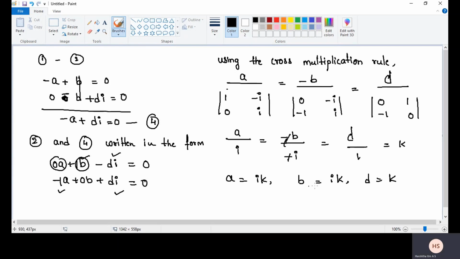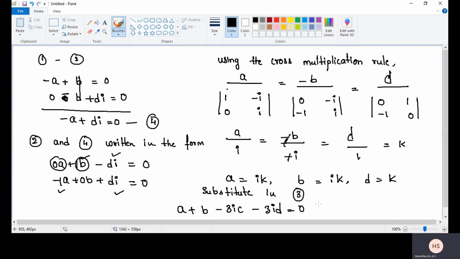After finding a, b, d, we have to substitute in equation 3. What is our equation 3 here? a plus b minus 3ic minus 3id is equal to 0.